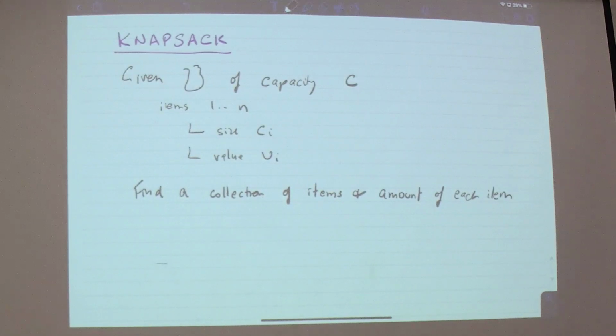I want to maximize the sum of ni vi such that the sum of ni ci is less than or equal to C. Does the question make sense? An amount of each item, ni.